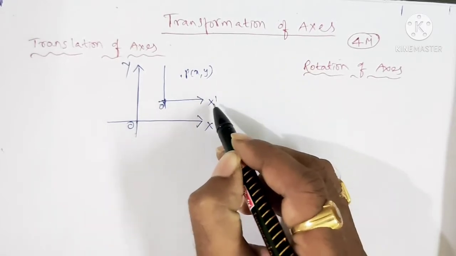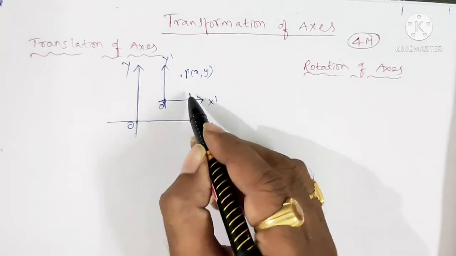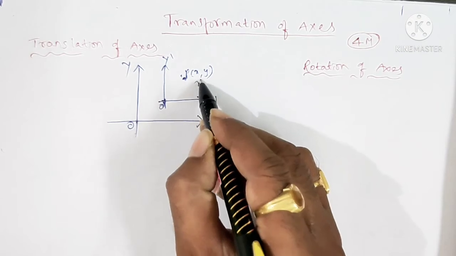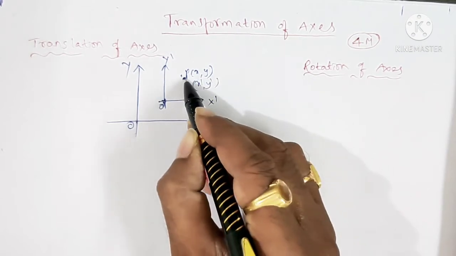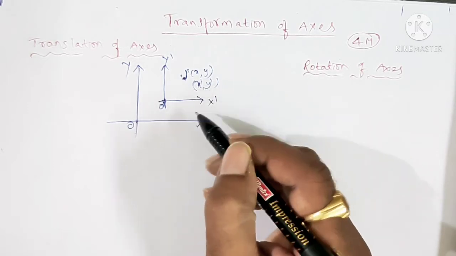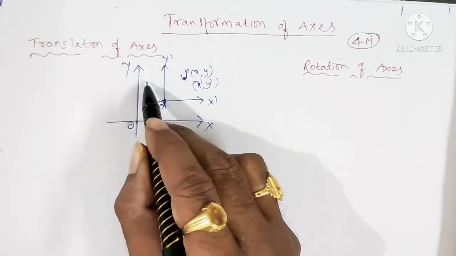O dash x dash, O dash y dash. Now in this situation we get the same point, but the coordinates will be x dash, y dash. So we have assumed. Okay, clear.